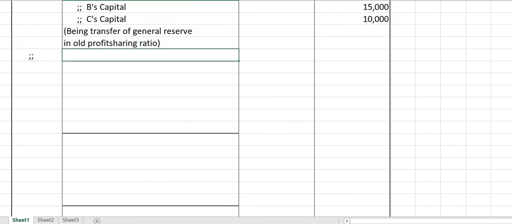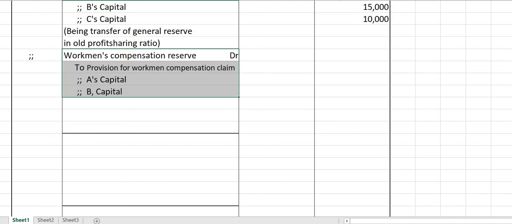So the next journal entry is regarding transfer of workmen's compensation fund. The workmen's compensation reserve we have used for settling the claim, and the remaining is transferred to the partners' capital accounts. So we can write the journal entry here. Workmen's compensation reserve debtor, we had 70,000.